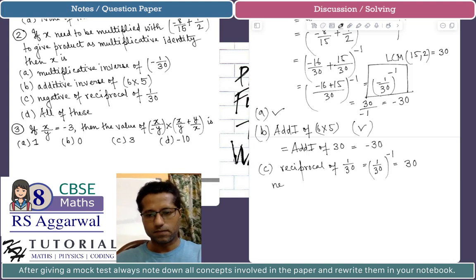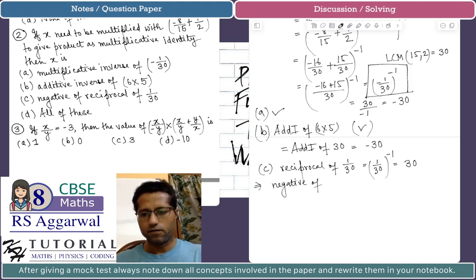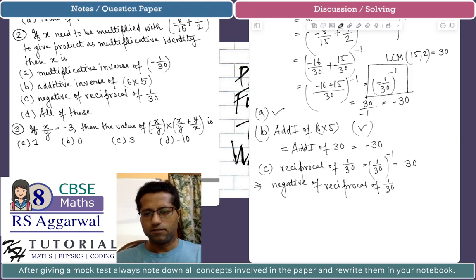So, now negative of this implies negative of reciprocal of 1 by 30 will be hence equal to, since the reciprocal of 1 by 30 is 30, its negative will be minus 30, and we can clearly see this is also correct.